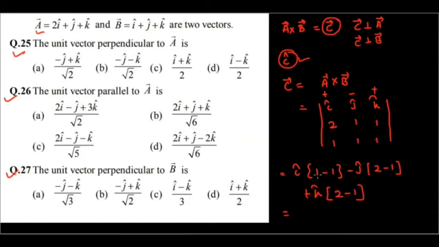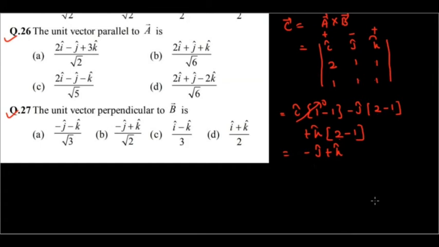So this term will be 0, and then we have 2 minus 1 is equal to 1. So 1 into j cap means minus j cap, and then we have 2 minus 1 is 1, 1 into k cap will be k cap. So we'll get minus j cap plus k cap as vector c.